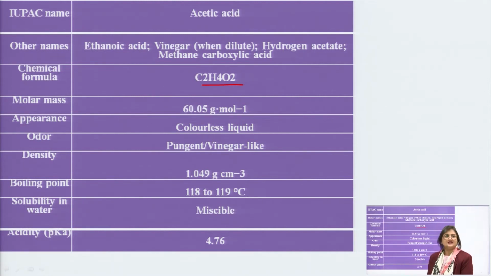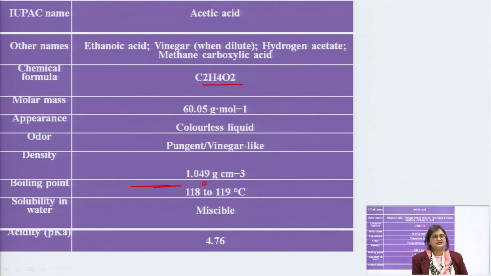Acetic acid is a colorless liquid. It has a pungent odor or a vinegar-like odor. Acetic acid has a boiling point of 118 to 119 degrees Celsius.